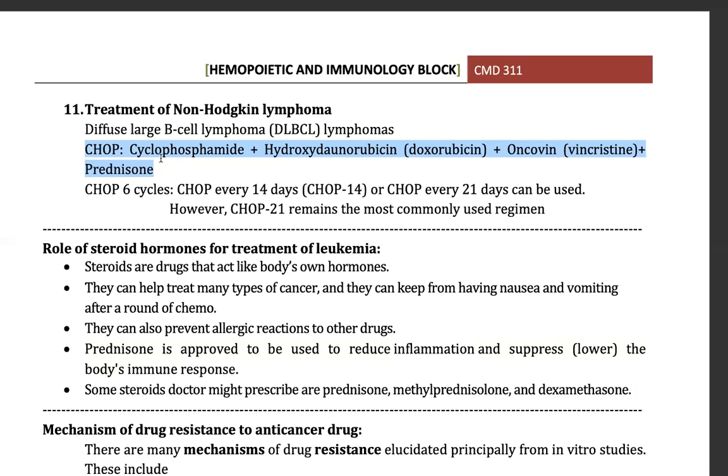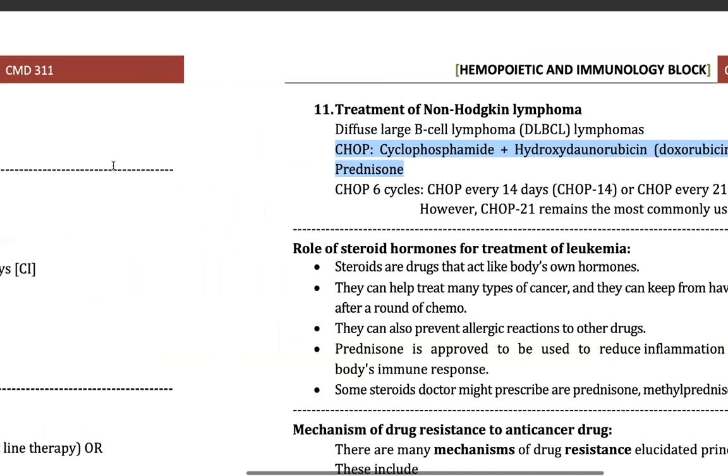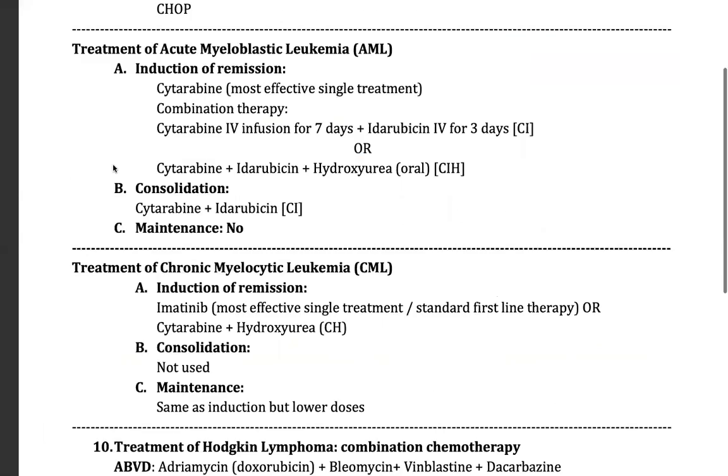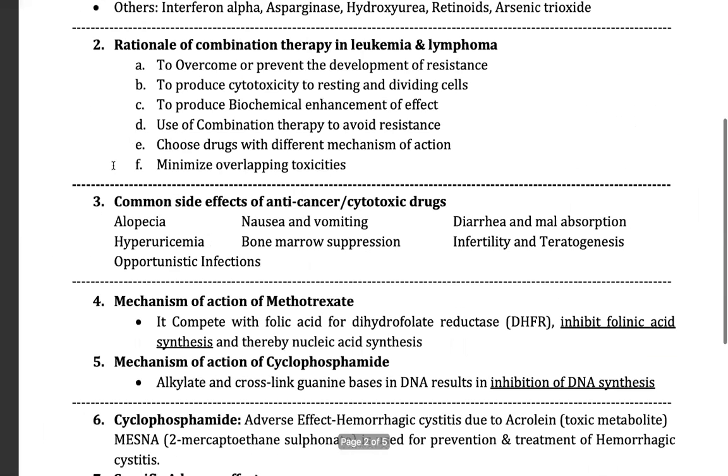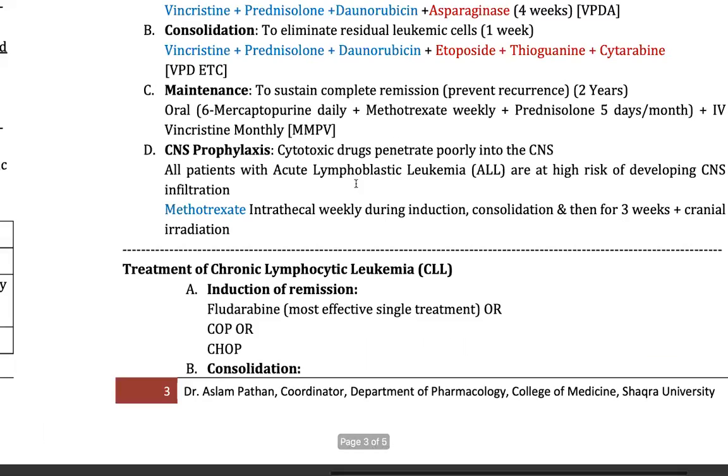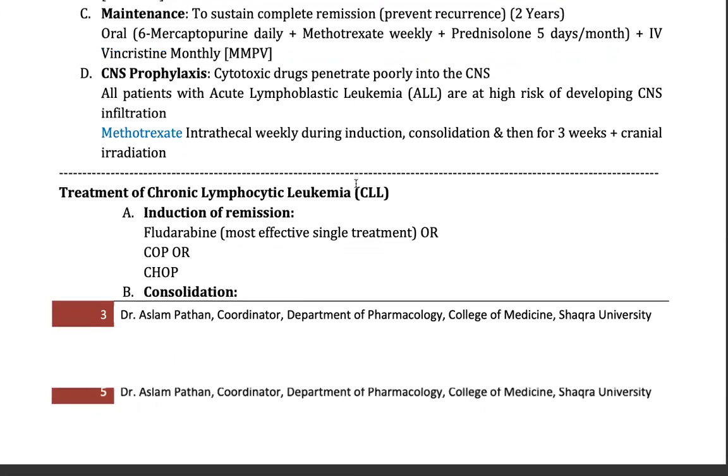So remember, C for cyclophosphamide, H for hydroxydaunorubicin, that is doxorubicin, O for oncovin, that is vincristine, and P for prednisone. This therapy you can mention for the chronic lymphocytic leukemia.